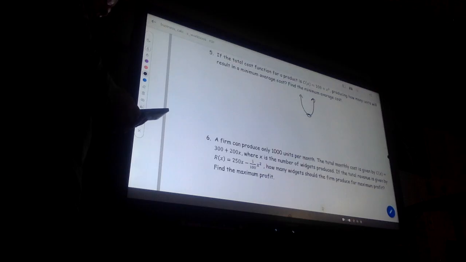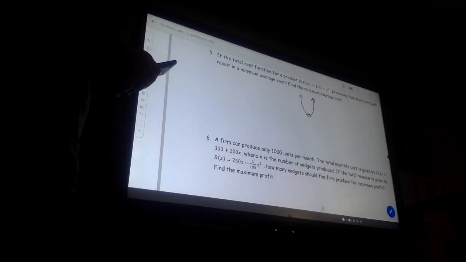100 plus x squared. Delete, delete. Okay. Zoom 0. So calculate a minimum. Go to the left, go to the right.